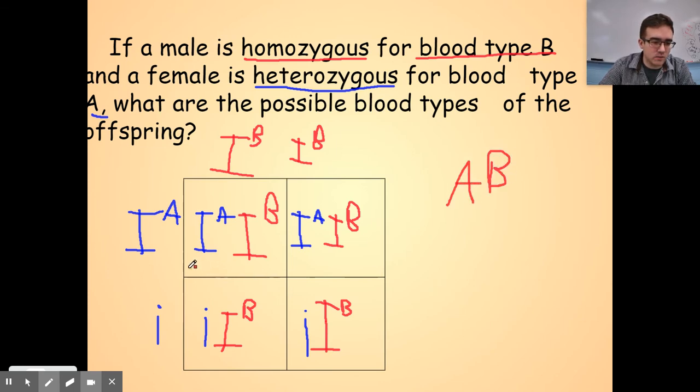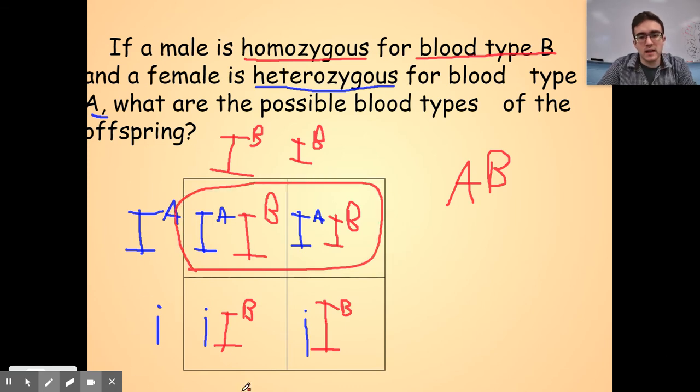And since B is completely dominant over the lowercase allele, all we need is one B allele, so then we can have blood type B. So the possible blood types of the offspring would be either blood type AB or blood type B. All right, so let's do another one.